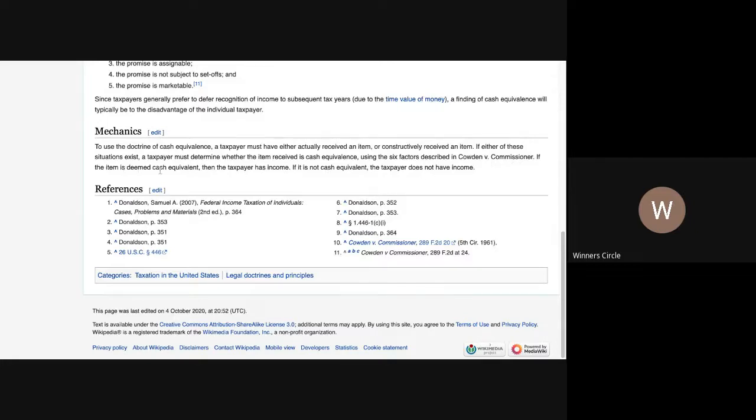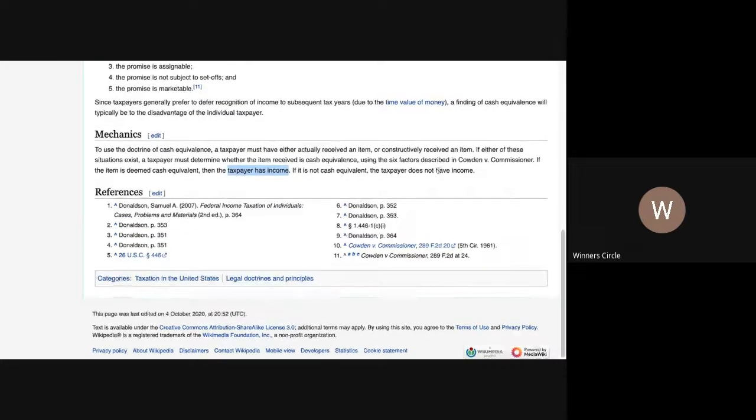If the item is deemed a cash equivalent, the taxpayer has income, meaning the corporation. So if you make a credit card payment, you must write off all your credit card payments because there are cash equivalents on the books of the facilitator of credit. And they'll defer it to the person who really receives it, who's probably the DTCC. If it is not a cash equivalent, the taxpayer does not have income.